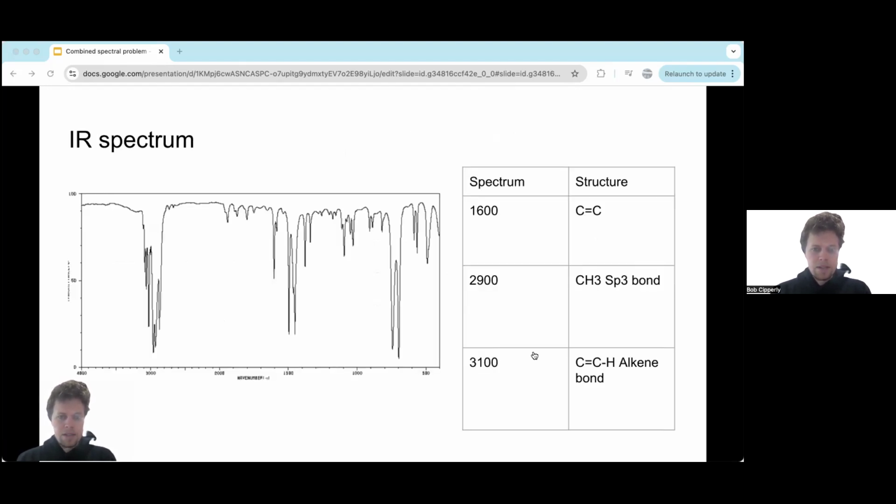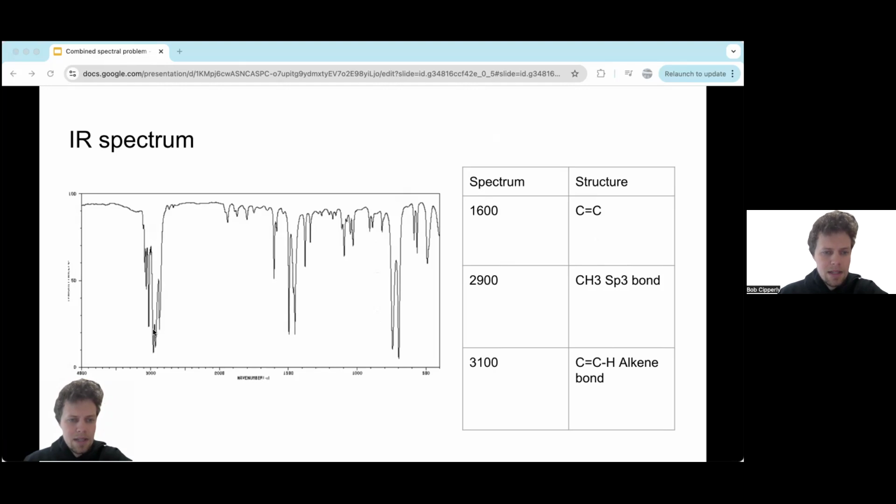Moving on to the IR spectrum, there's a few different waves that cued me into possible structures within this. Here we have one at about 1600. That made me think that this likely has C to C double bonds. We also have prominent waves at just below 3000, 2900 to 3000.